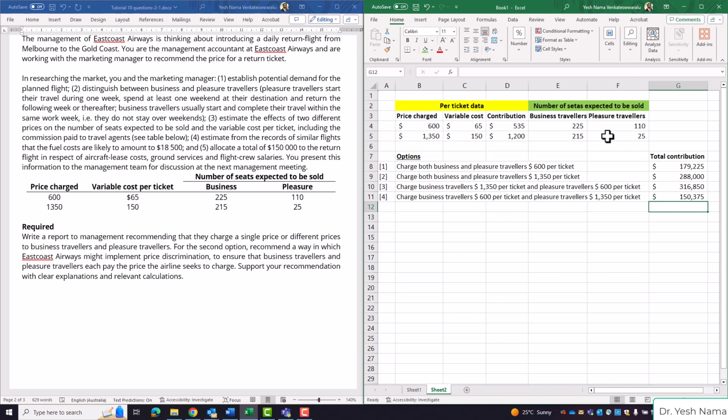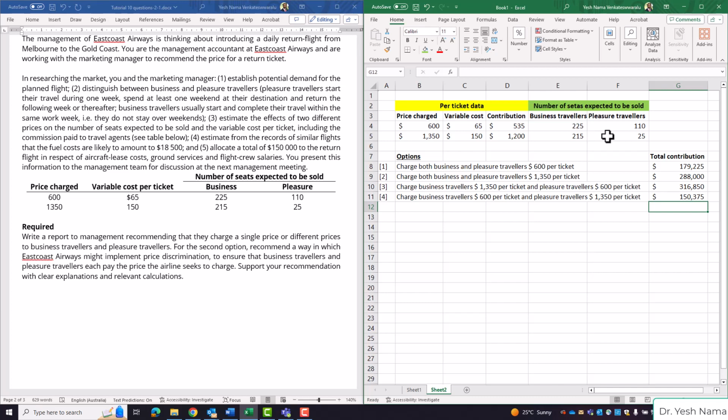So if the airline wants to maximize the contribution, the best way to do that would be to charge business travelers $1,350 per ticket and pleasure travelers $600 per ticket.